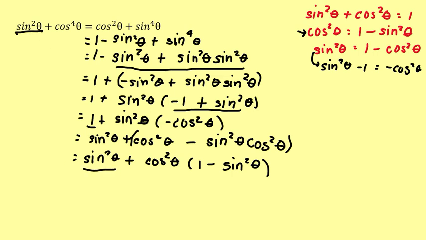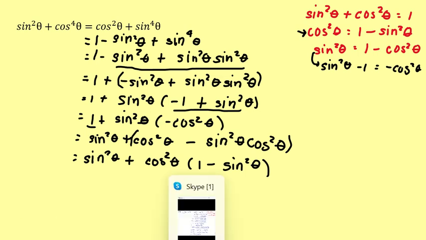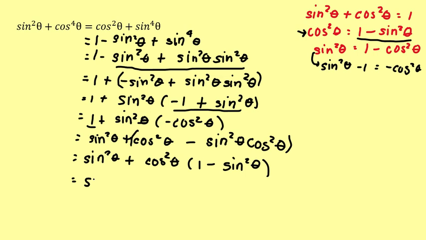All right, so what's next? We know that 1 minus sine squared theta is cosine squared theta. So let's write it first: sine squared theta plus cosine squared theta times cosine squared theta, and cosine squared theta times cosine squared theta is cosine to the fourth theta.